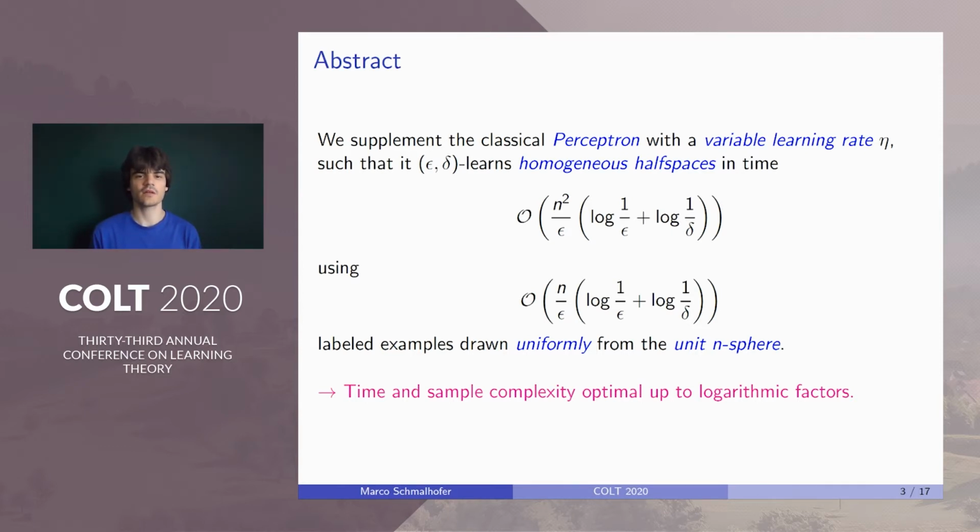In particular, our algorithm needs time O of n squared over epsilon times (log 1 over epsilon plus log 1 over delta), and uses a number of examples which is O of n over epsilon times (log 1 over epsilon plus log 1 over delta). And the examples are always drawn uniformly from the unit n sphere. It turns out from previous research that these time and sample complexities are nearly optimal up to logarithmic factors.